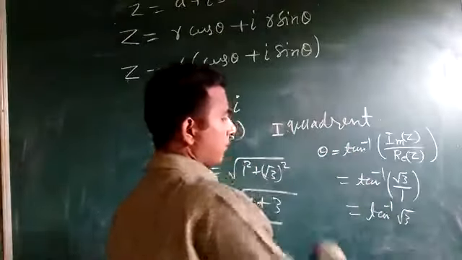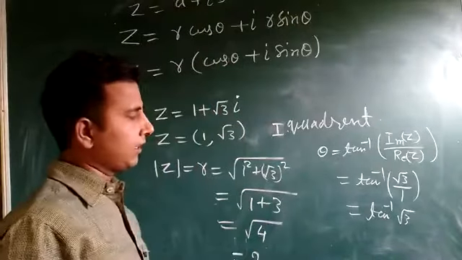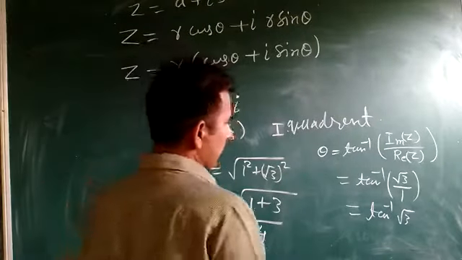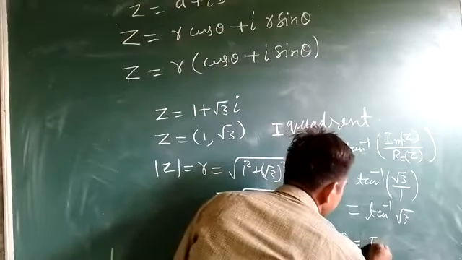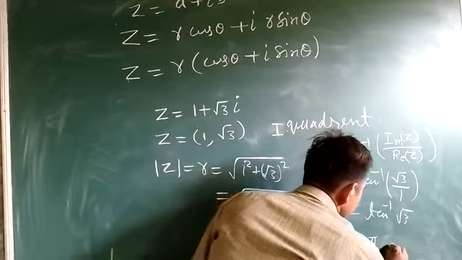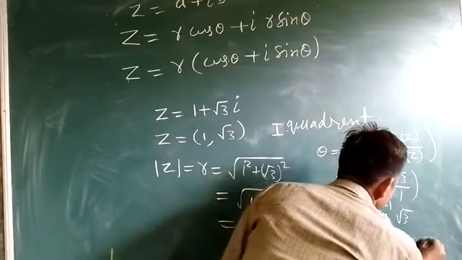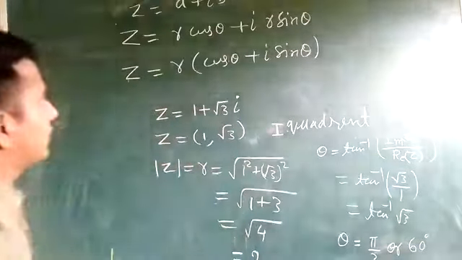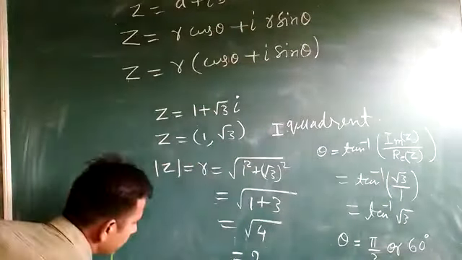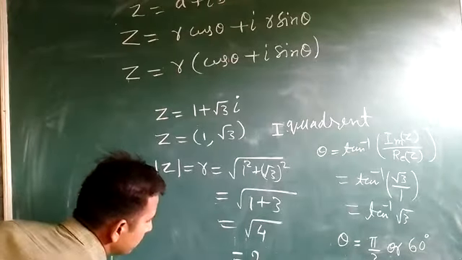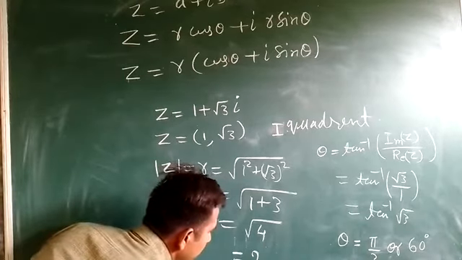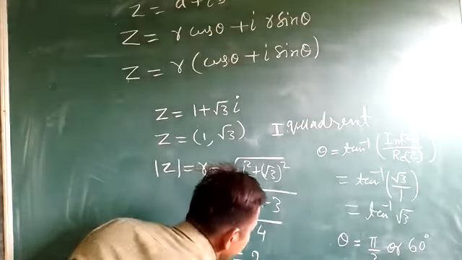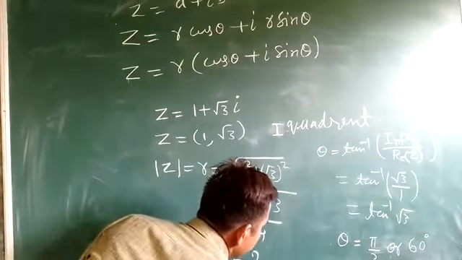For what angle is tan theta equal to root 3? So theta equal to 60 degrees or pi by 3. So you will write this polar form as z equals 2 cos pi by 3 plus iota sin pi by 3.